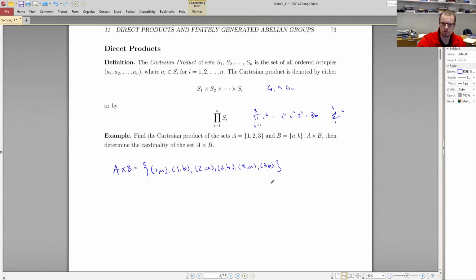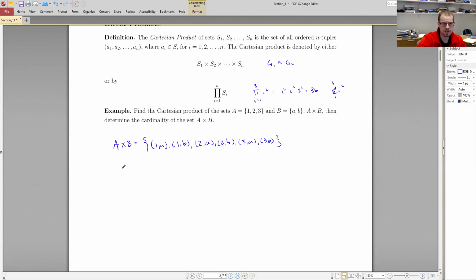So pretty simple. Oh, don't forget the comma there. But that gives us our cross product, A cross B. So there are 1, 2, 3, 4, 5, 6 elements in that set. So the cardinality of A cross B is exactly 6. Again, cardinality for a finite set is just the number of elements in that set.